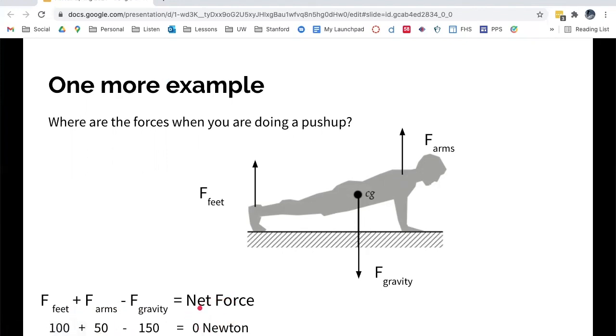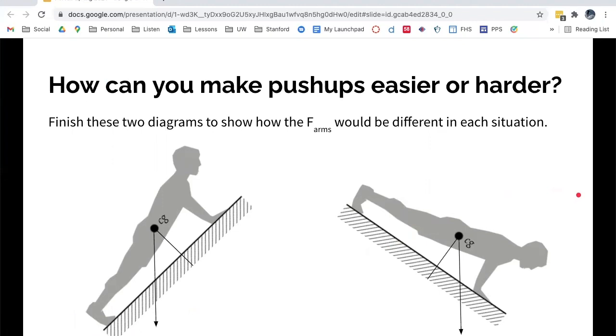You go back and forth in order to increase and decrease the amount of force on your arms while you're doing the push-up. So how might you be able to make push-ups easier or more difficult? How could you increase or decrease the amount of force on your arms in order to make a really easy push-up or make a push-up that's really hard?